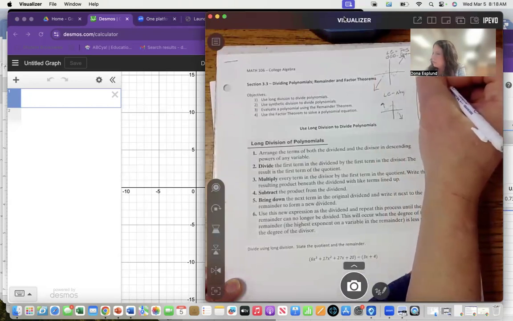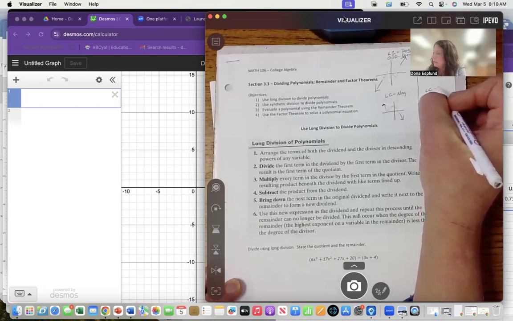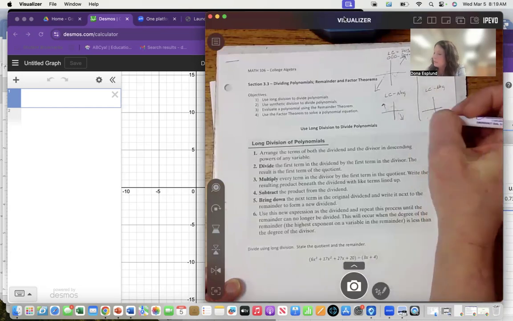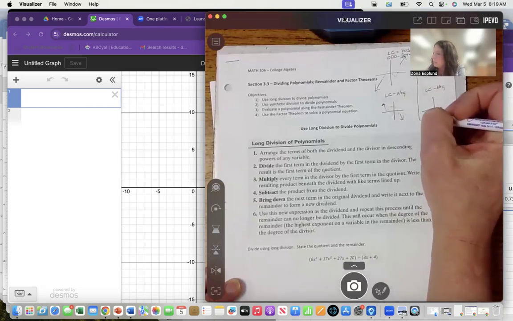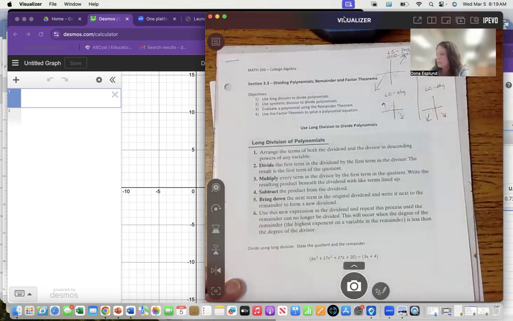But if the leading coefficient is negative and my degree is even, then my end behavior is going to be going down both ways. And again, lots of stuff going on between, depending on how complex my function is.